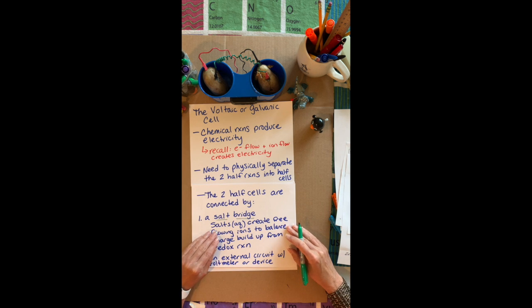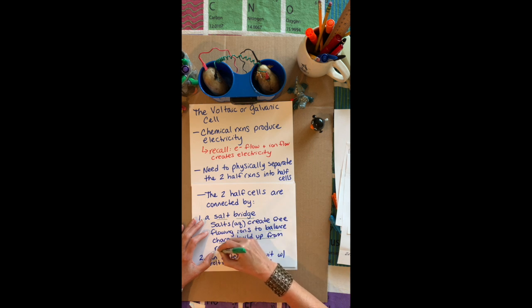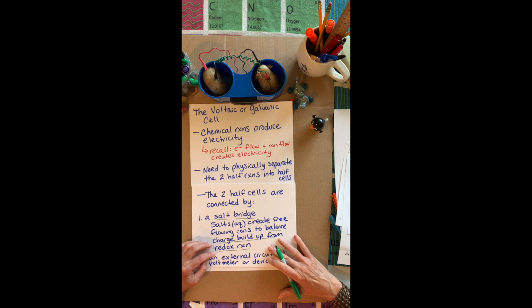And a salt bridge is composed of salts in an aqueous solution. And when salts dissolve in an aqueous solution, they create free-flowing ions. And the purpose of the salt bridge is to balance the charge built up from the redox reaction.